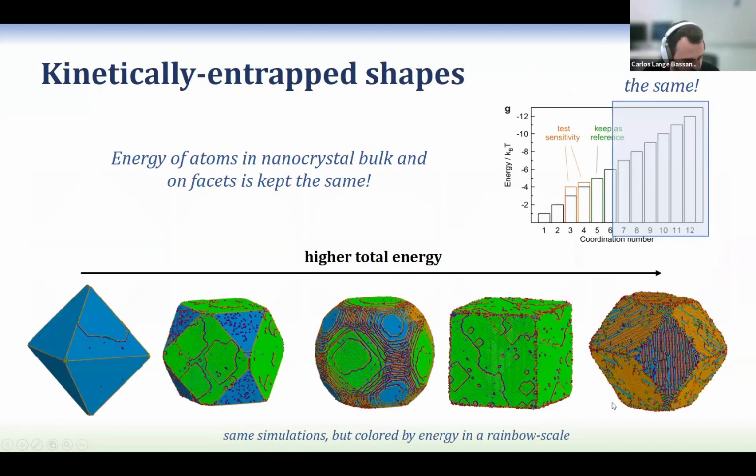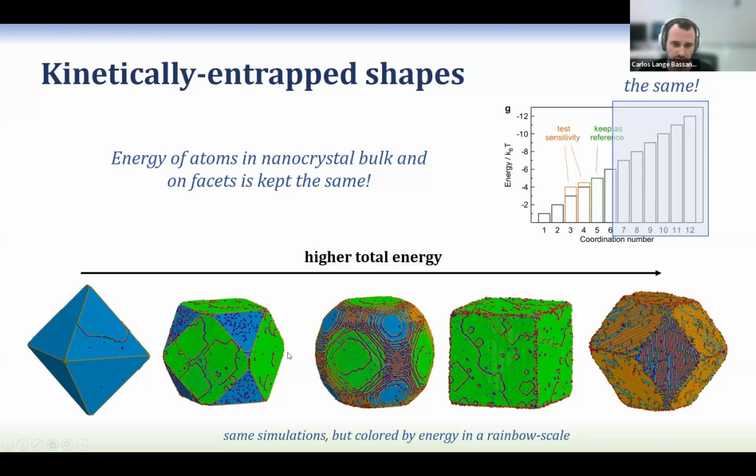It's very important to understand here that in these simulations, we do not change any energy level of the higher coordination numbers. That represents, for example, 12, which is a bulk atom inside of the nanocrystal. And from 7 to 9, those are the atoms that are exposed in the facets. So it means the energy of the facets is exactly the same, right?